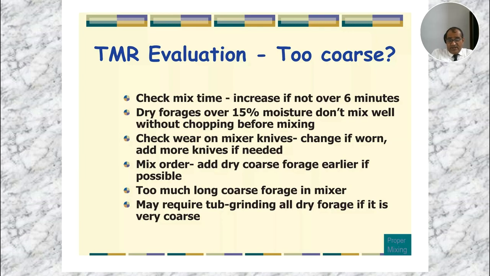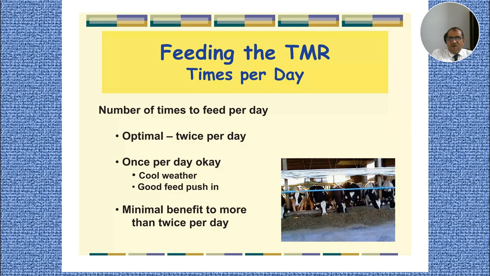They may require tub grinding for dry forages, all dry forages if it is very coarse. So tub grinding is another technology which reduces the coarseness of the feed, or helps maintain the proper required particle size.